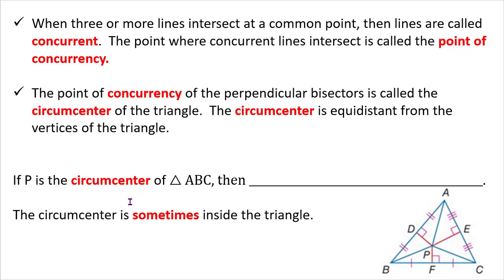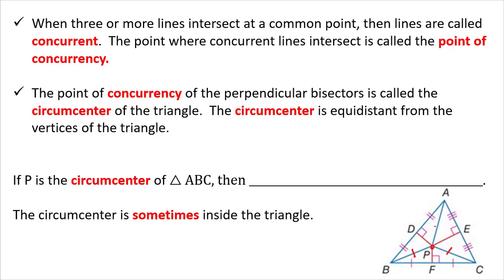So if P is the circumcenter, so this point here is the circumcenter of triangle ABC, meaning it's on the perpendicular bisector. So PF is the perpendicular bisector of BC. So therefore, BP equals PC. PE is the perpendicular bisector of AC. So therefore, a point on the perpendicular bisector is equidistant from the sides.